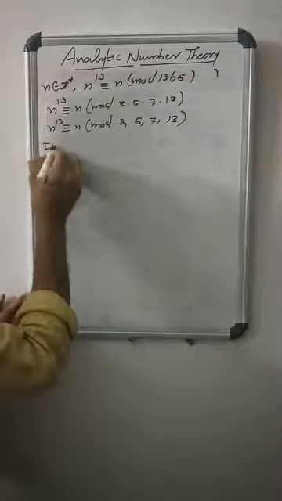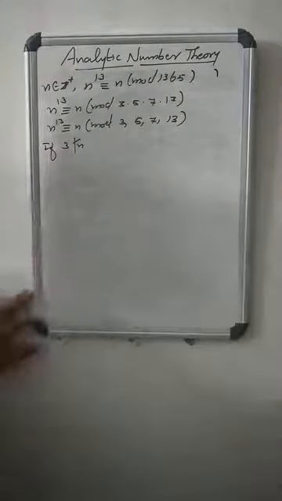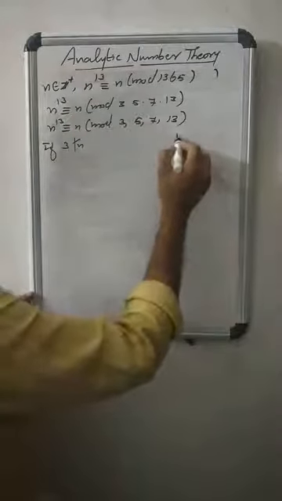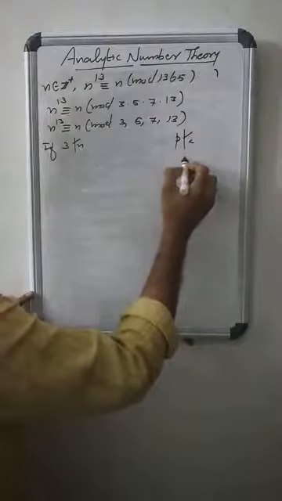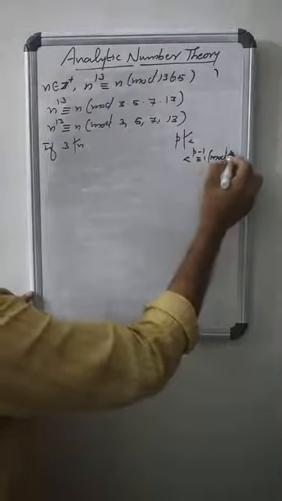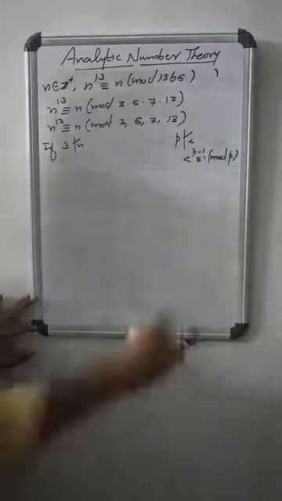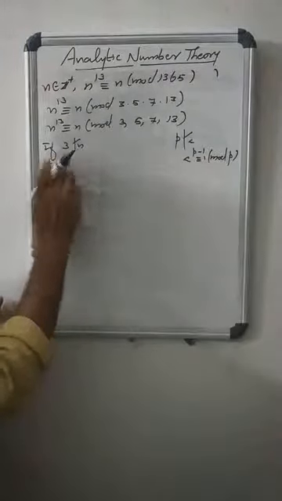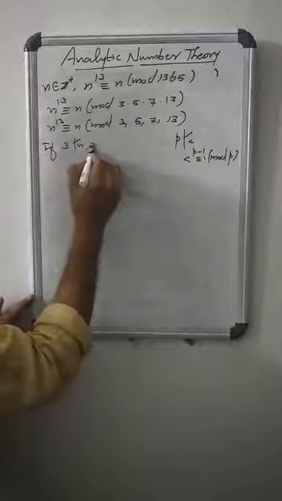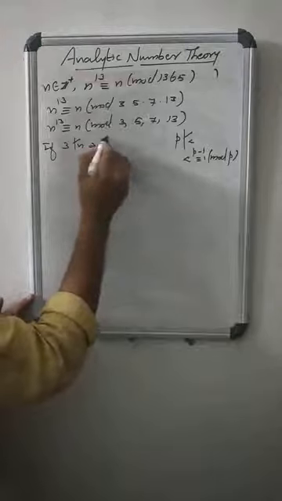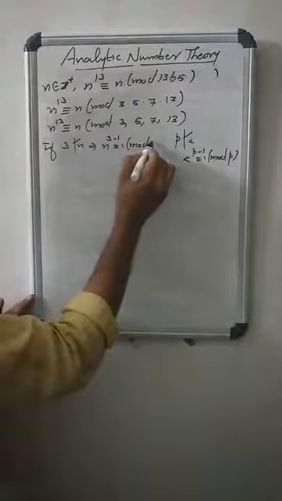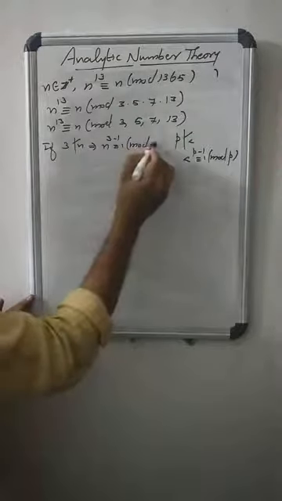If 3 does not divide n, then we have already proved a theorem: if p does not divide a, then a power p minus 1 is congruent to 1 mod p. Agreed? So according to that, if 3 does not divide n, then n power 3 minus 1, that is n square, is congruent to 1 mod 3.